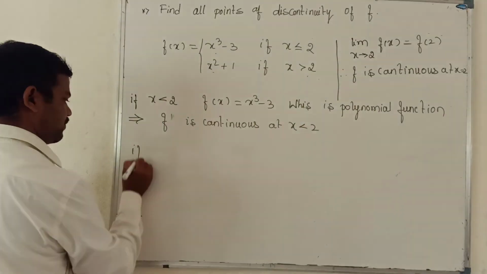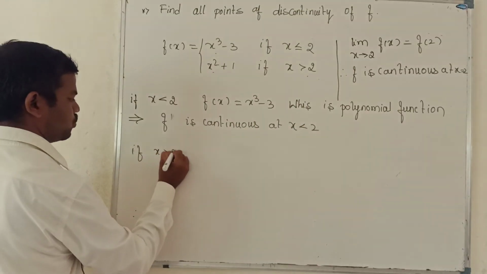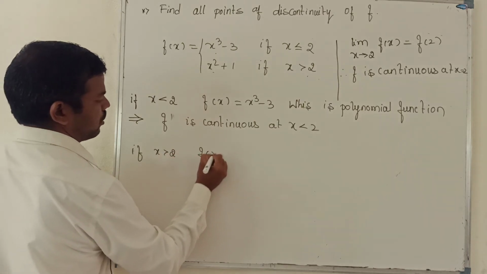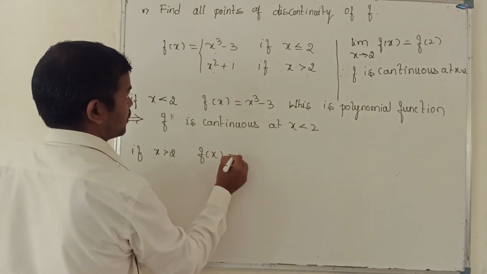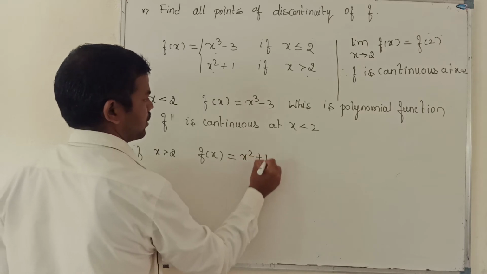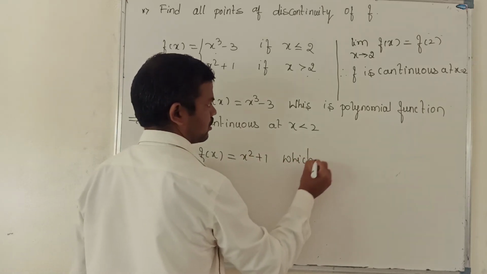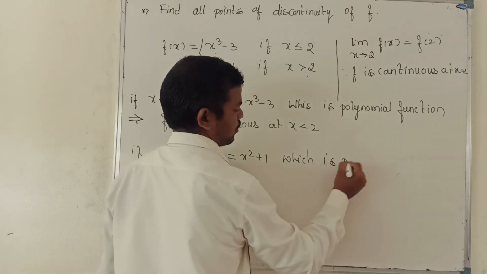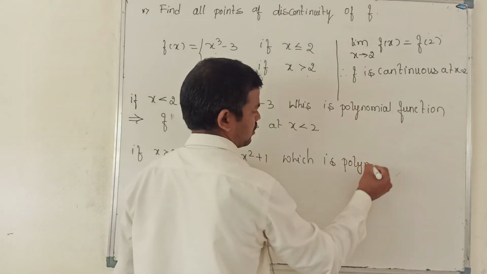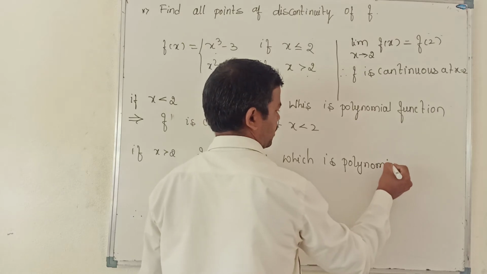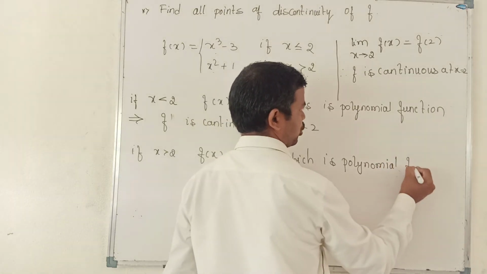Second, if x greater than 2, f of x is x square plus 1, which is a polynomial function.